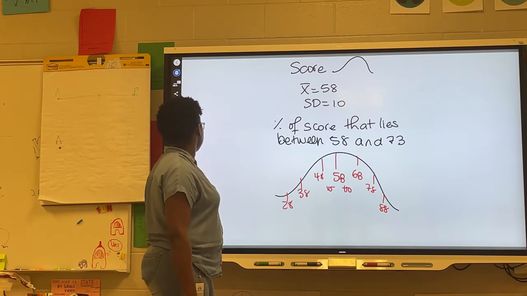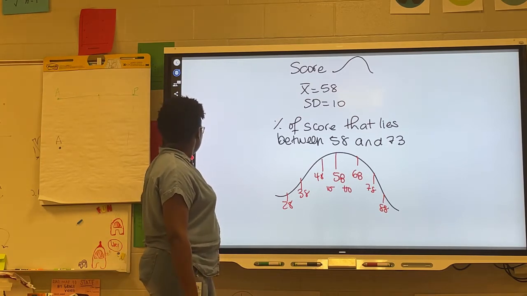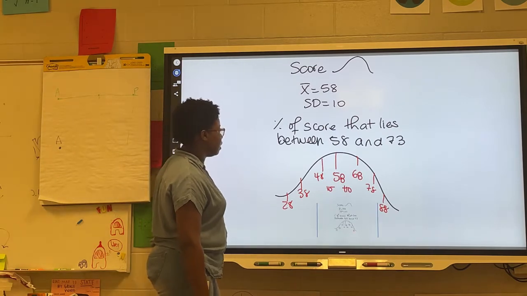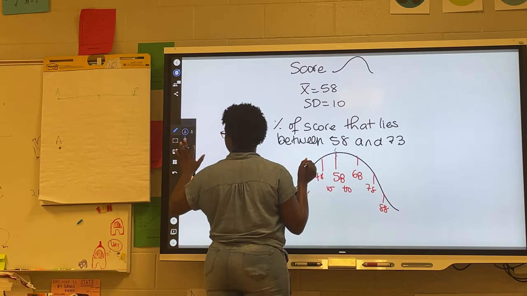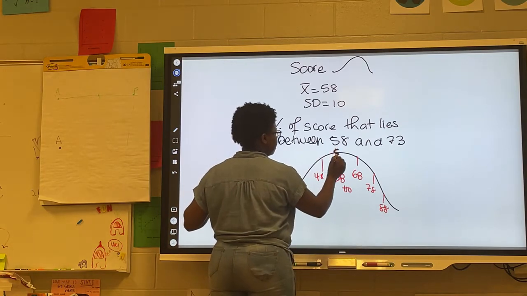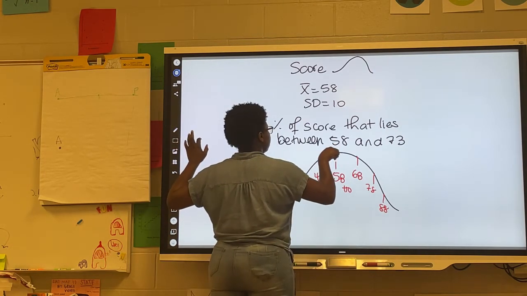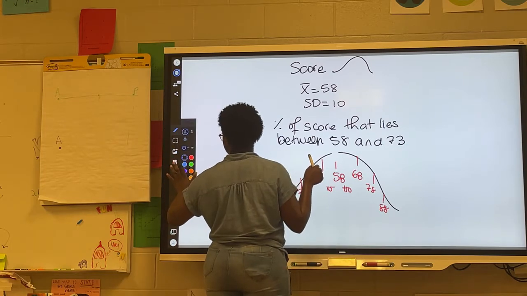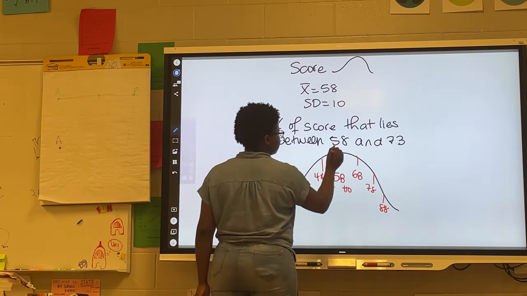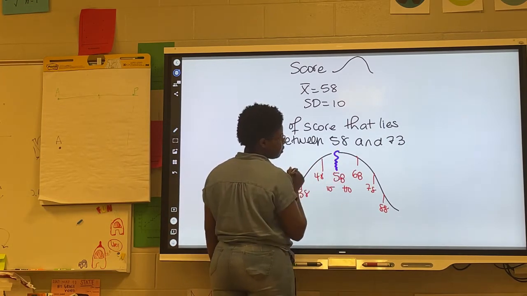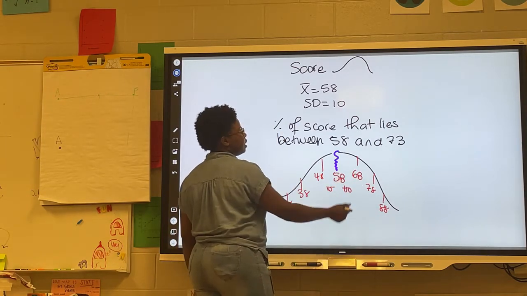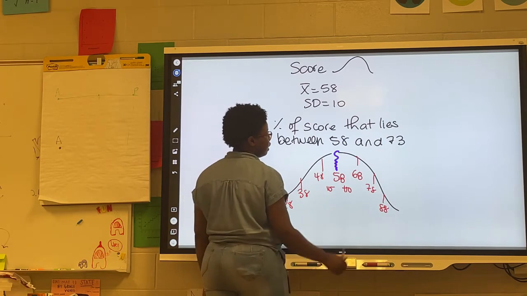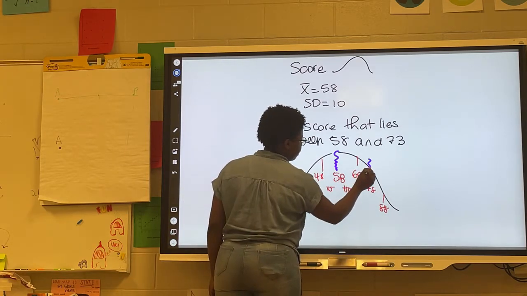So 73 and 58. 58 is visible, 73 is not. But right now I know 58 is right here. Let's make this bigger. Okay, 58 is right here, and 73 has to be between 68 and 78. So 73 has to be somewhere right here.